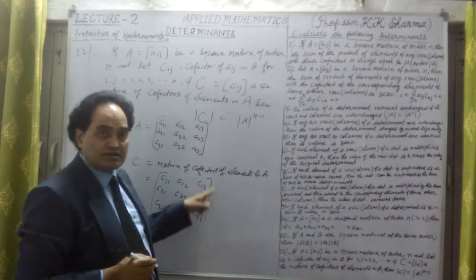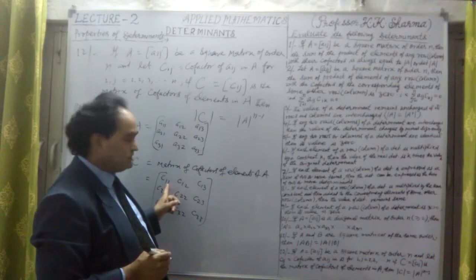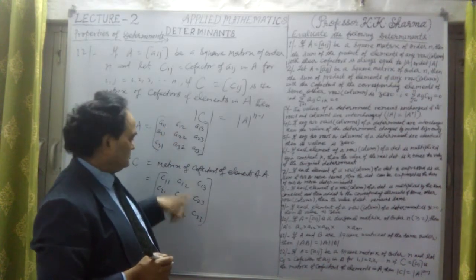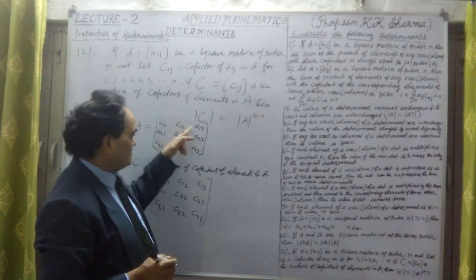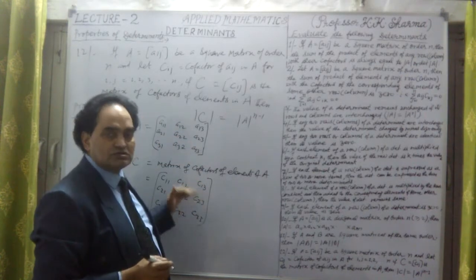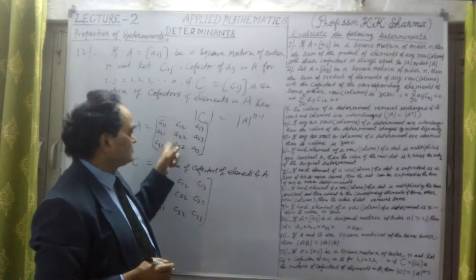This is the matrix of cofactors. C11 is the cofactor of A11, C12 is the cofactor of A12, etc. Every element's cofactor is this. So C is the matrix of cofactors of every element of A.